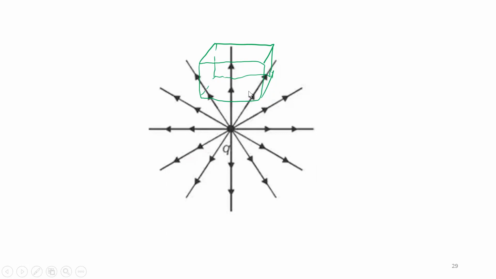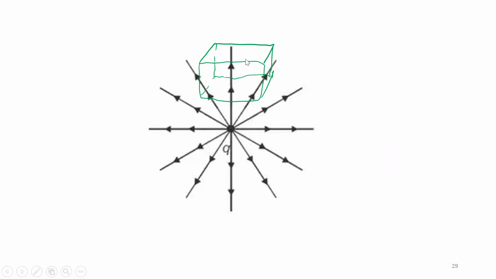So the bottom face receives a lot of flux. What about the top face? The top face is further away from the charge, so the field in this position will be weaker, but the area is the same.